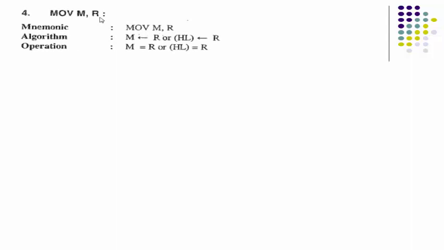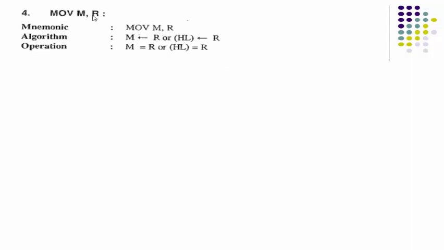Next is the move instruction which involves memory: MOV M, R. This moves the specified register content to memory. Here R is a general purpose register and M is the memory pointed to by the HL pair.